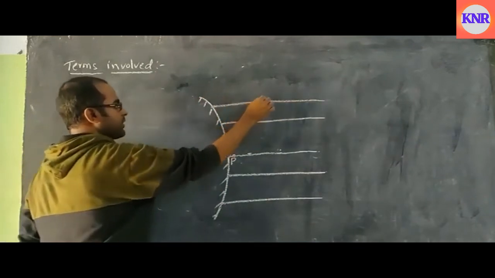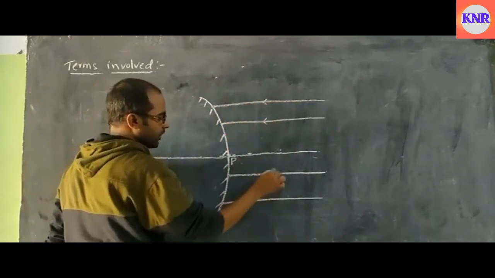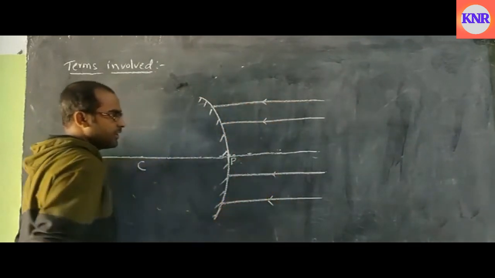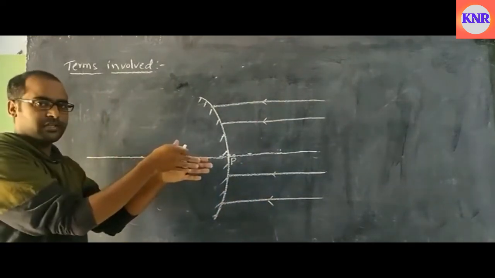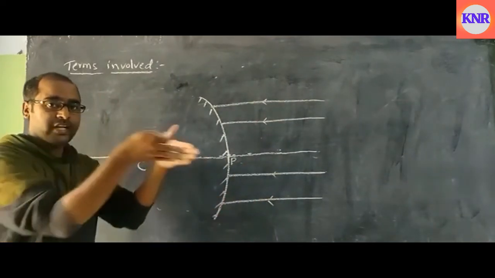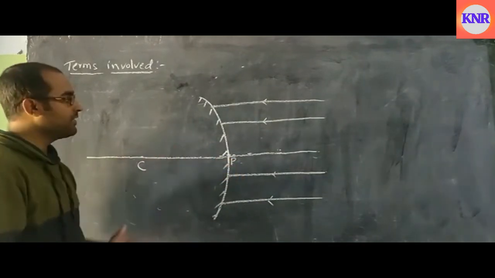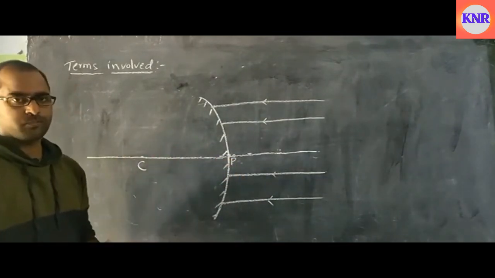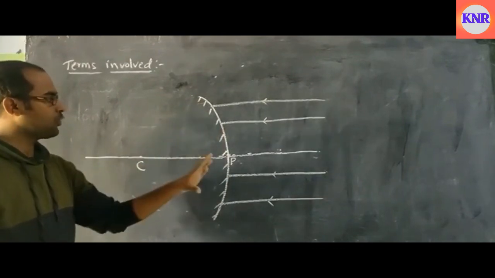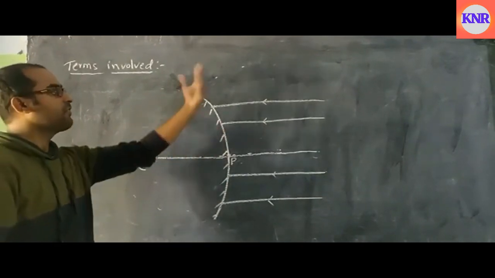So these are all the incident rays. In the previous case, in a concave mirror, they converged to a point, and we call that point the focal point. But in this case, these parallel rays do not converge to a point. They diverge from the mirror.